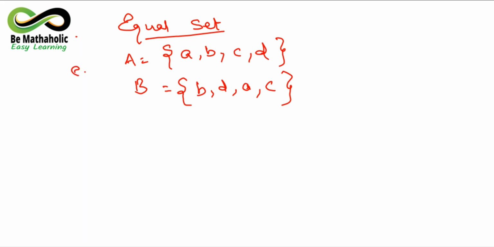That here the elements are A, B, C, D, and here also the elements you can check, although the order is different, but again the elements are A, B, C and D, means elements are same.